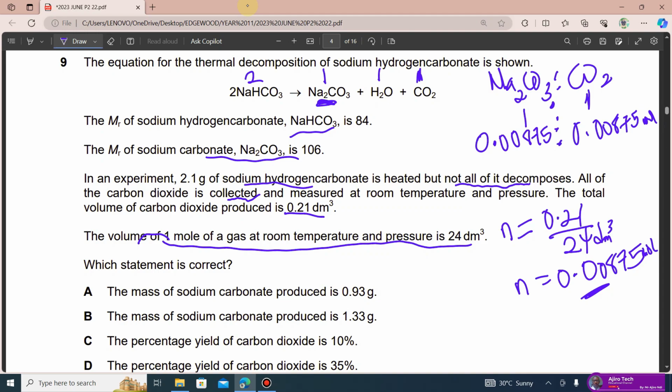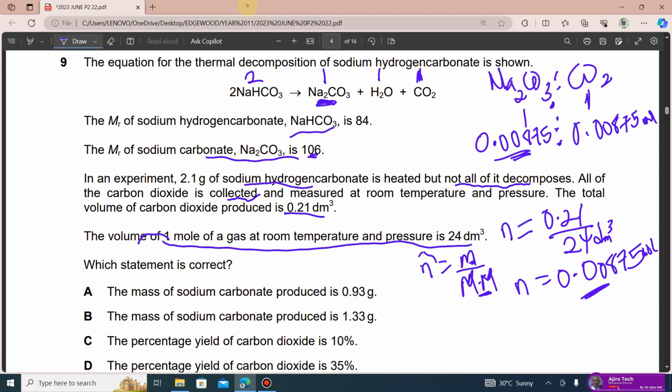So if we have obtained the number of moles of sodium carbonate, now let's get the mass of sodium carbonate. Remember that the number of moles is the mass divided by the molar mass. Now we're looking for the mass, so we multiply the number of moles by the molar mass. The number of moles of sodium carbonate is this, and the molar mass of sodium carbonate is given already as 106.